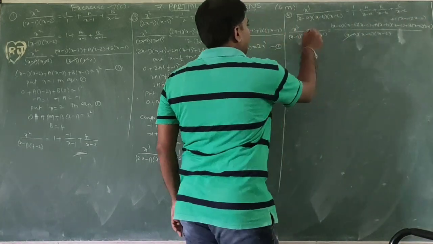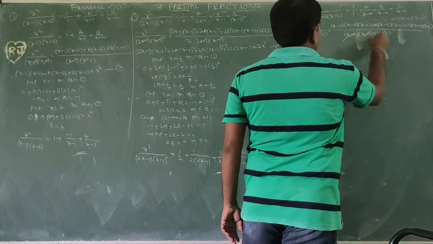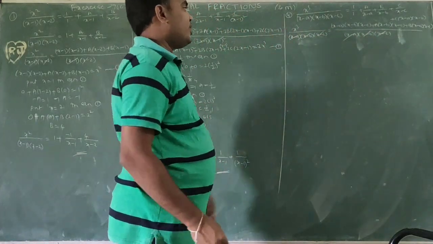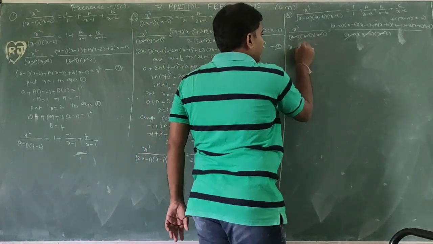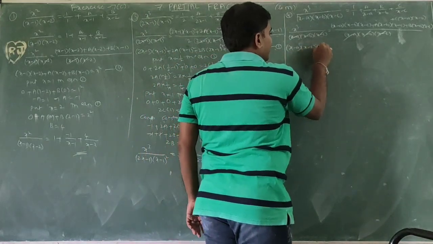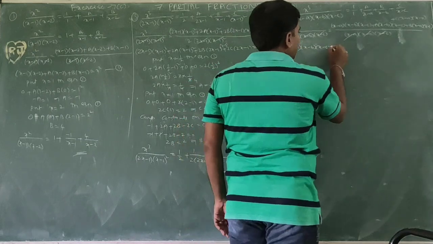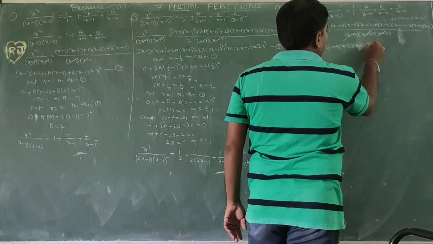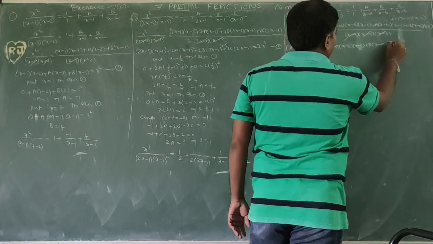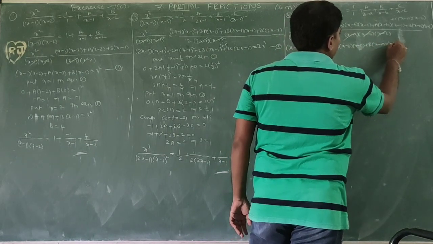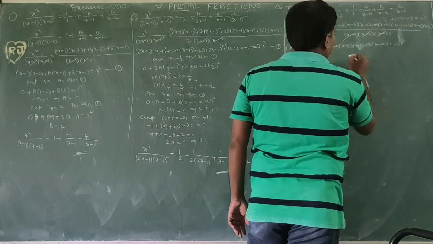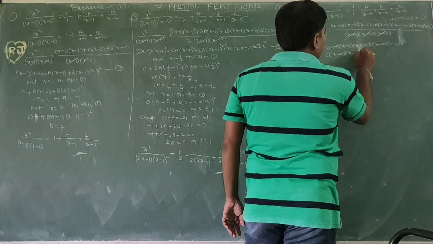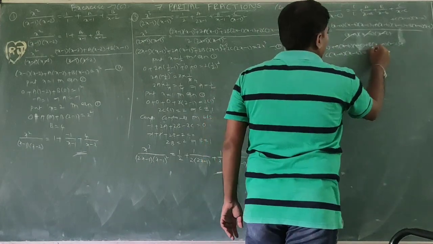So x minus a cancel, x minus b cancel, x minus c cancel. Now whatever the right side I want to write: x minus a of x minus b of x minus c plus a of x minus b, x minus c plus b of x minus a, x minus c plus c of x minus a, x minus b equal to x cube.